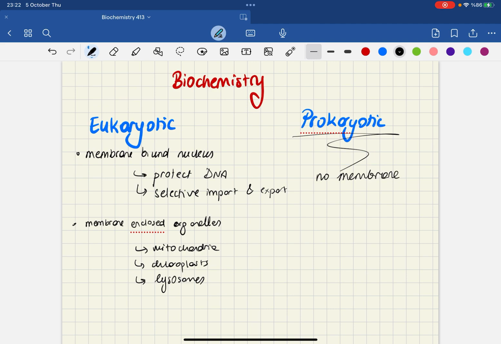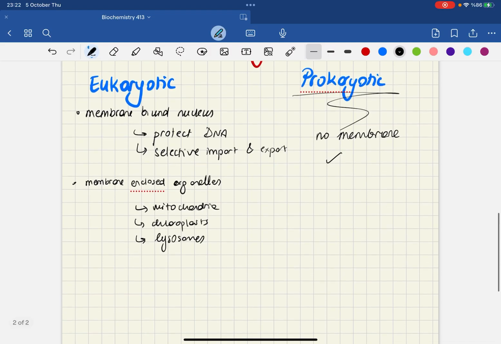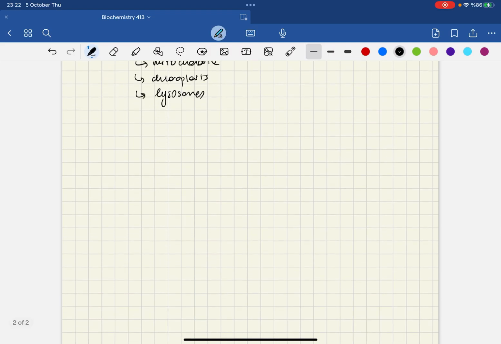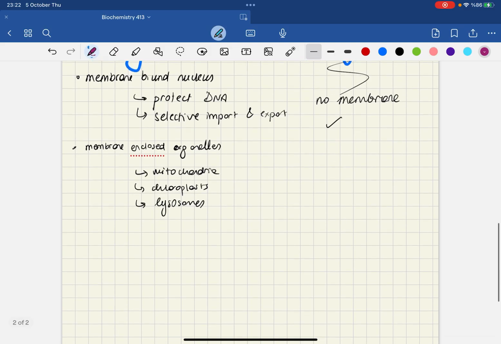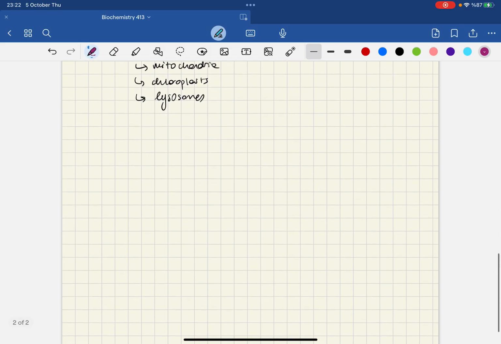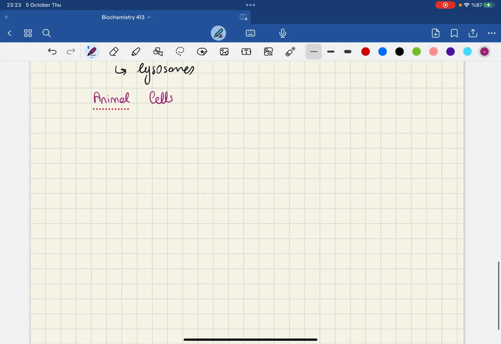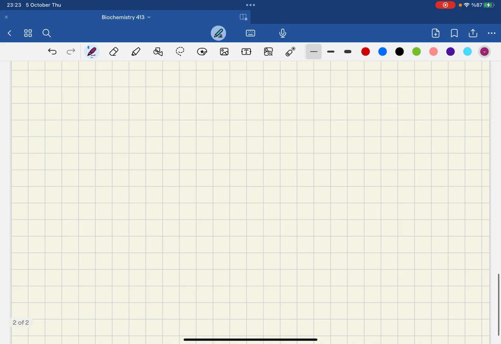It is found in bacteria, in archaeobacteria, etc. Now, it is important to know how the cells are found. Let me first start with animal cells. It is very important to know the structure of an animal cell.